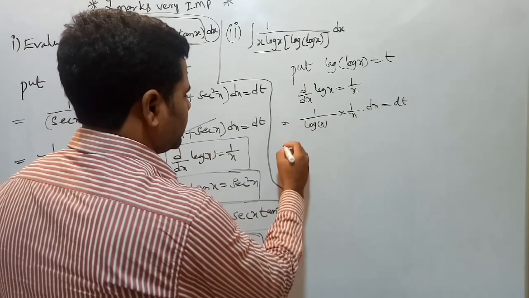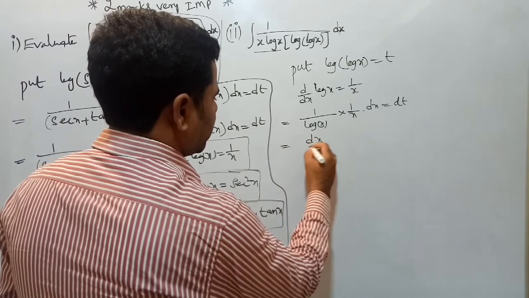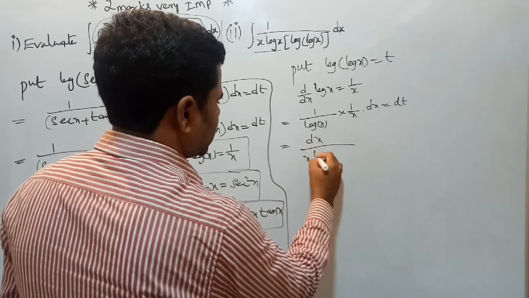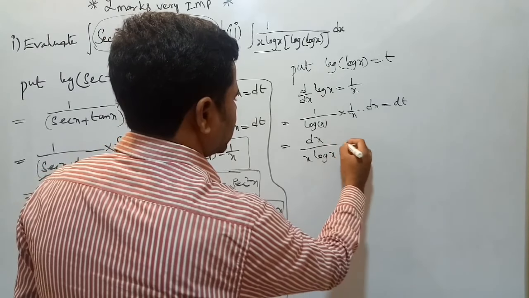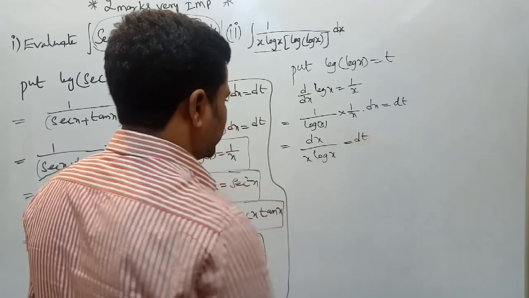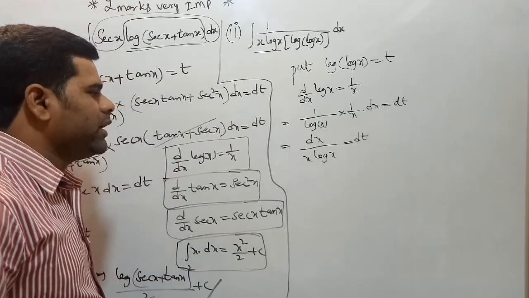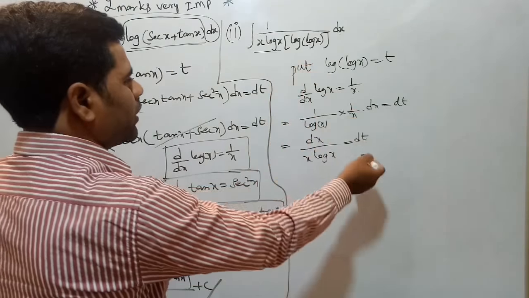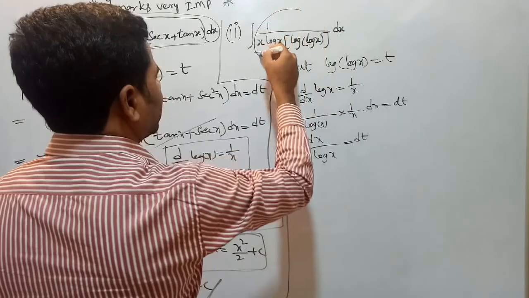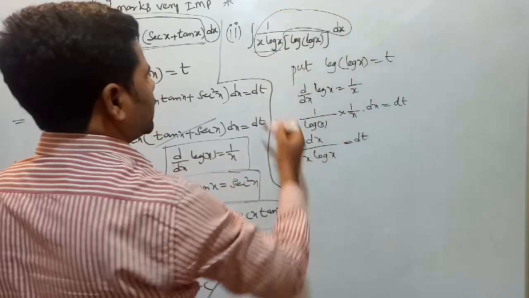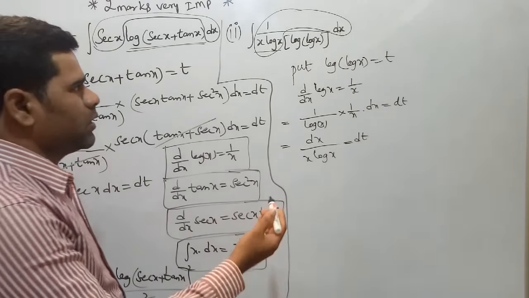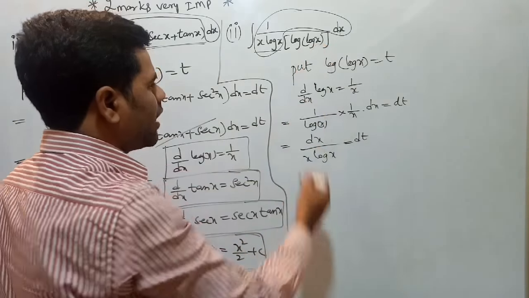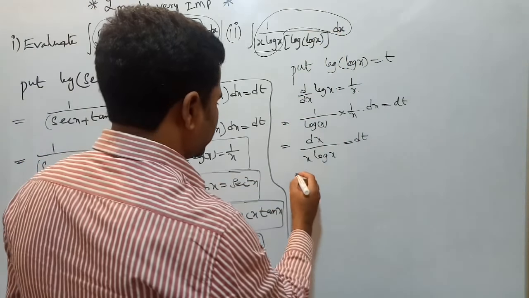So dx by x log x is equal to dt. So instead of dx by x log x, we can write dt from here. So dx by x log x is equal to dt, and log of log x is equal to t we can substitute.